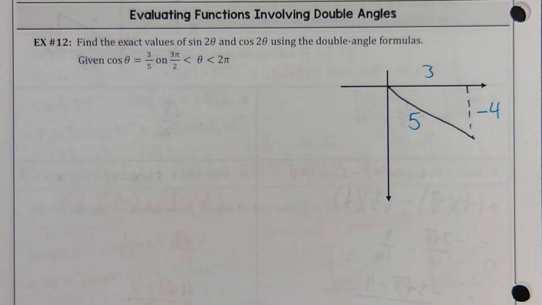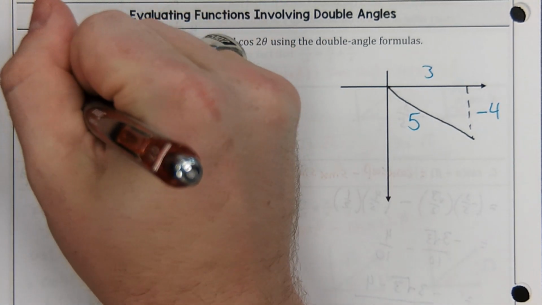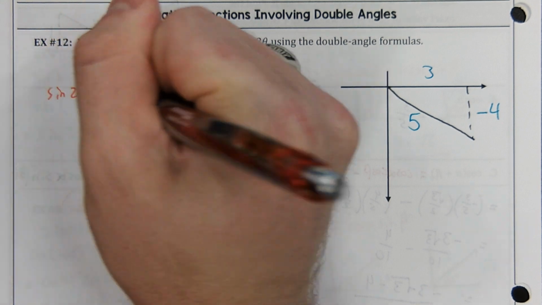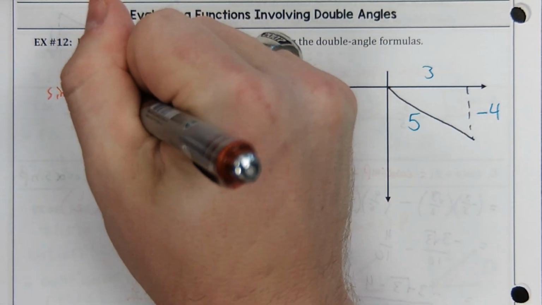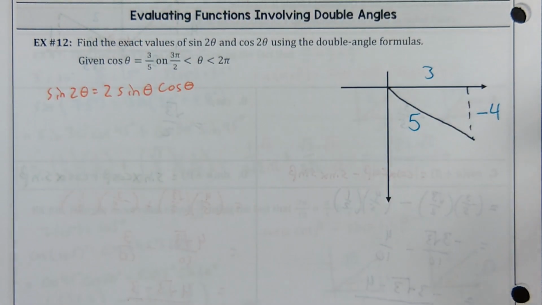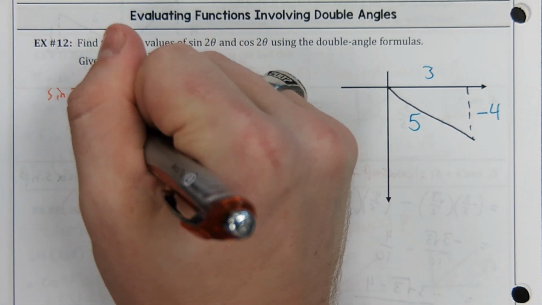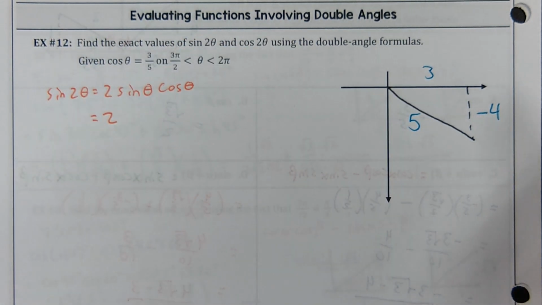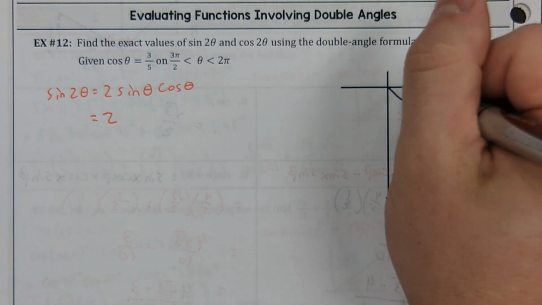We need to find sine of 2 theta. The formula for that, which is in this packet, is 2 sine theta cosine theta. So, 2 sine at this theta, by the way, this is theta.